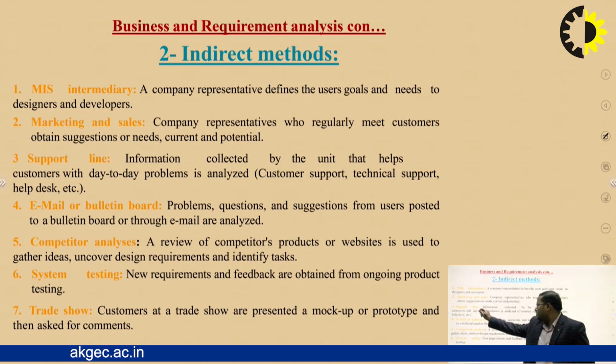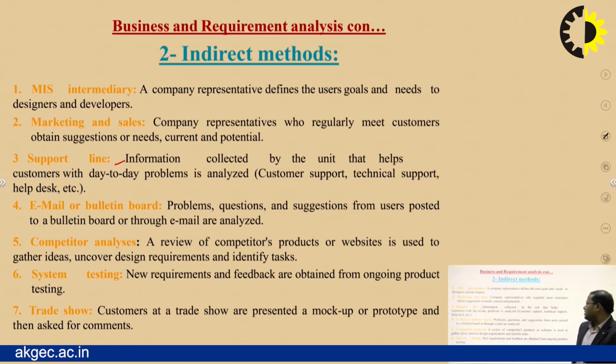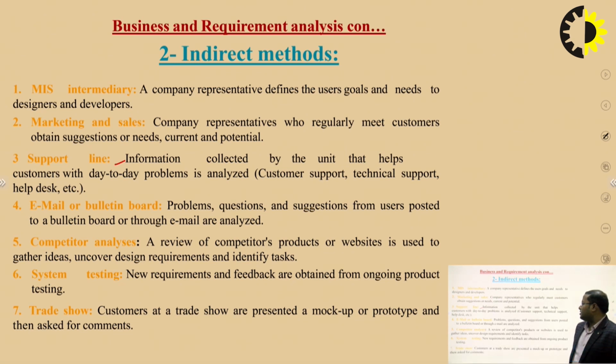Support line. Information collected by the unit that helps customers with day-to-day problems is analyzed. We can say customer support, technical support, help desk, etc. Email or bulletin board. These are very important, very popular methods for indirect requirement gathering.